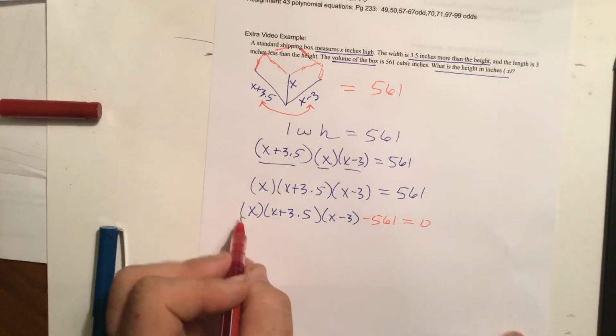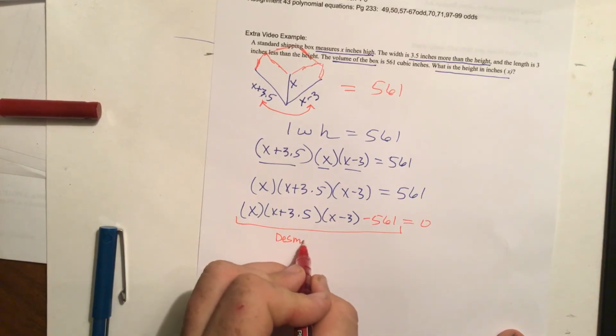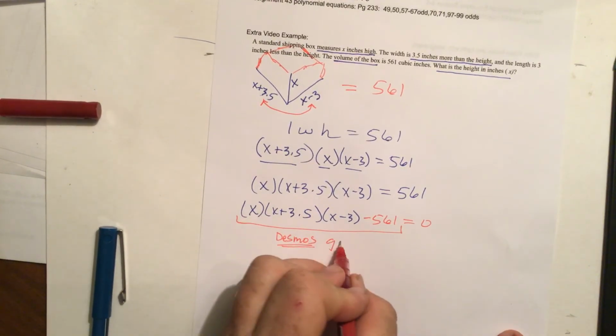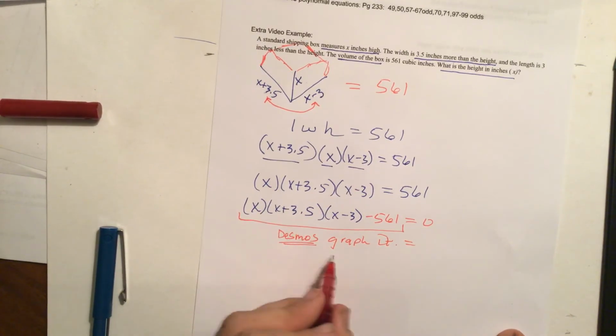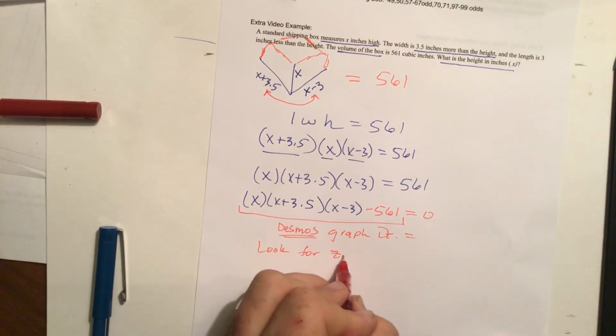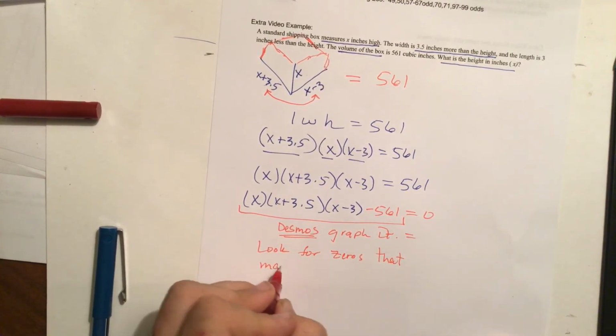So I can go, okay, wait a sec. If this is not easy to factor, I can use Desmos. Desmos or your calculator to graph. And graph it. And once you graph it, you're going to look for zeros that make sense.